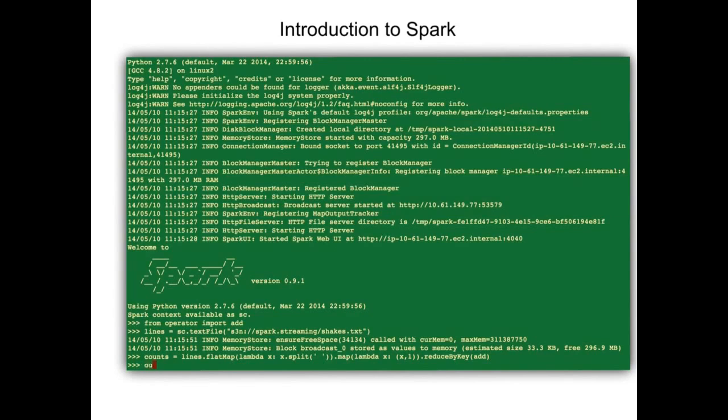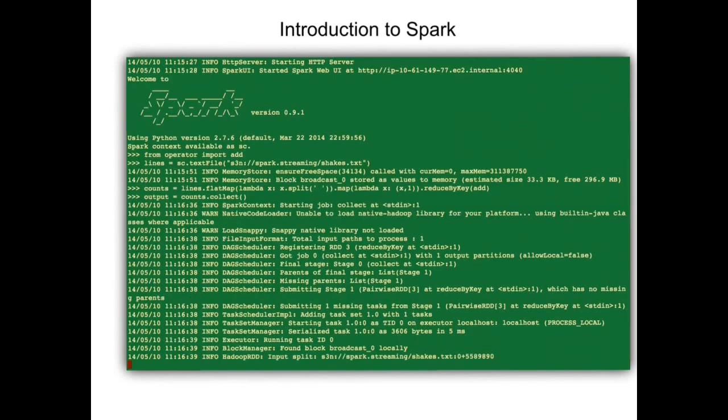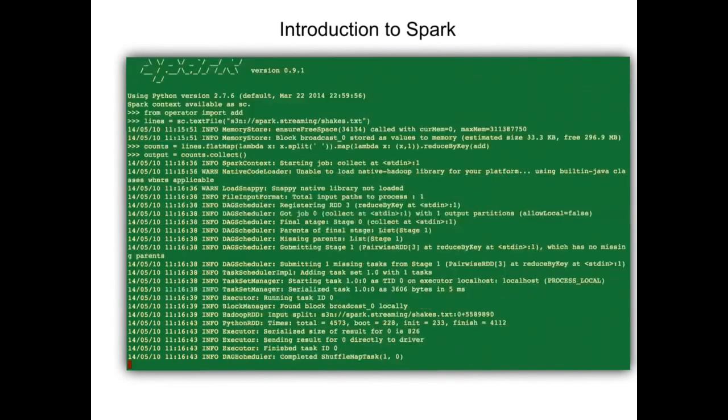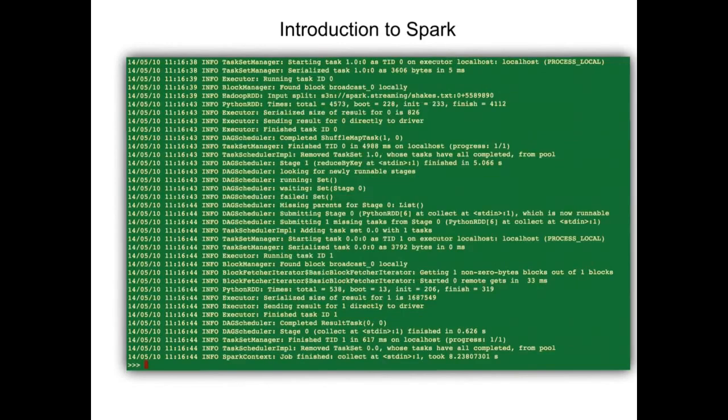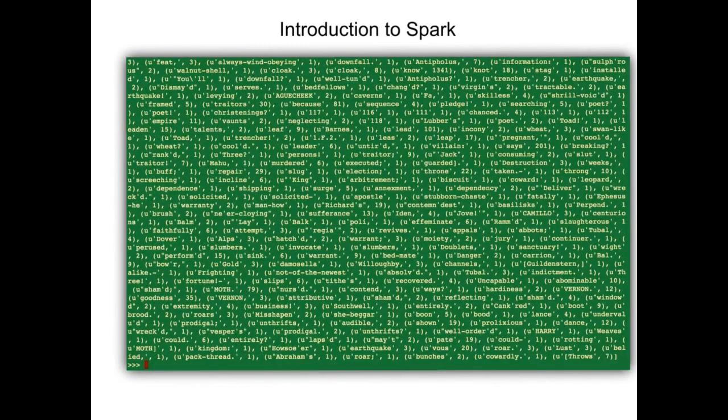So now if I want to look at my results, I can just say .collect on counts, and Spark will go to work. And as you can see, it won't take very long for it to finish its calculation. Done. And now just to look at the result, there it is.